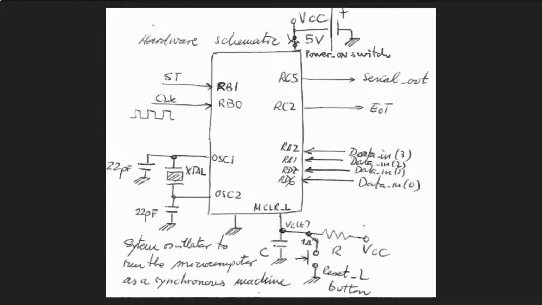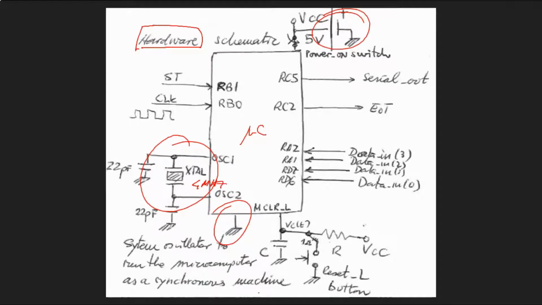Okay, so what goes next now is the study of the planning of the circuit. How it is possible to organize the hardware in the first place: connect the microprocessor to the power supply, to the ground, to the external oscillator, for example, 4 MHz, and then the push button, that is the clear or the reset or the master clear.